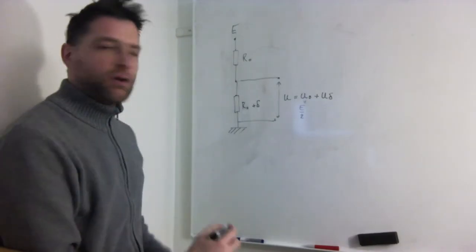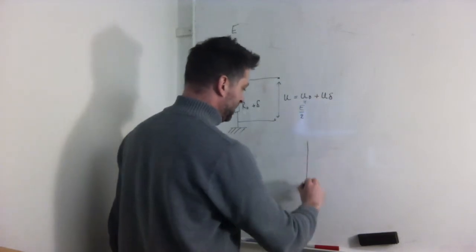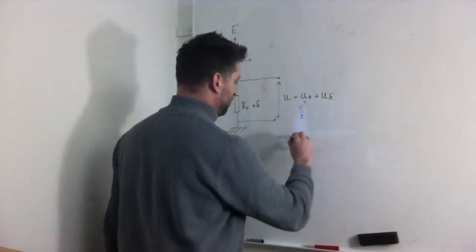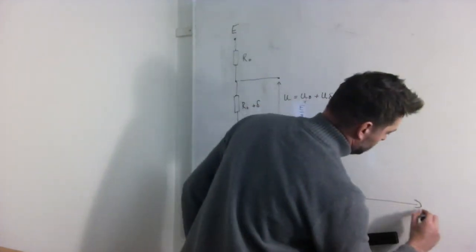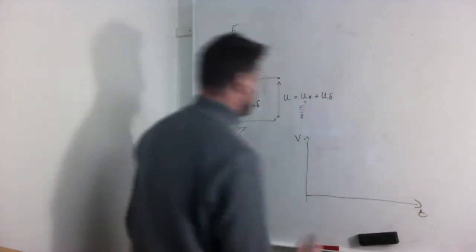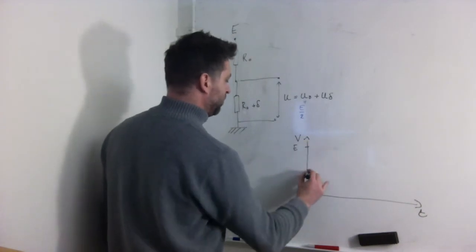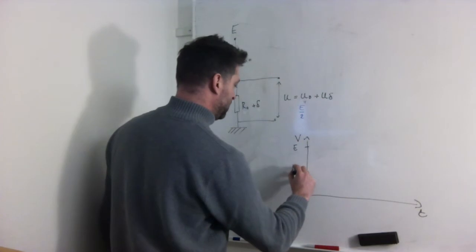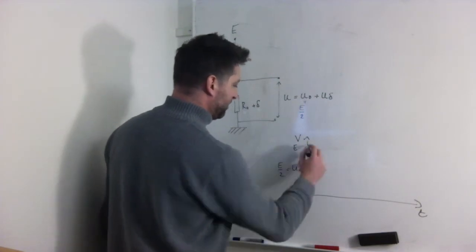Let's make a graph now to see how this would typically look. So you make a graph of voltage V versus time T. And I can draw my value E here, and I can draw my value U0 equals E over 2 here.